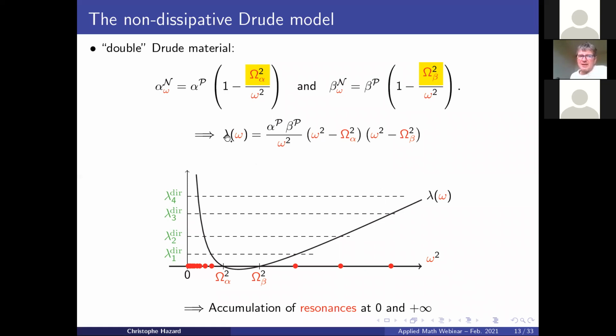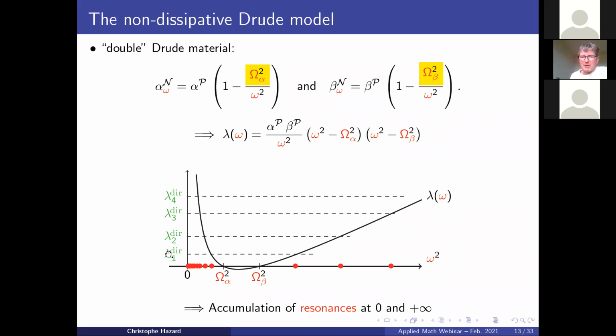And in that case, my function lambda(omega) is given by this formula. And what you see in this formula is that when omega is close to 0, lambda(omega) tends to plus infinity. And this function is represented here with respect to omega squared.